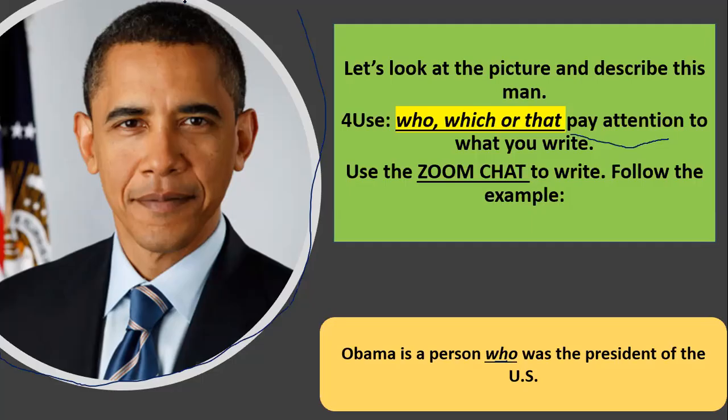Right, Obama is a person which. Okay, good. Okay, anybody else who is missing?